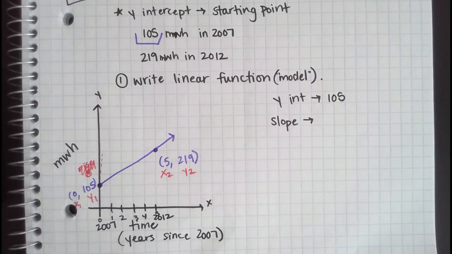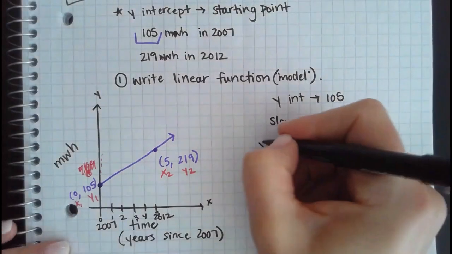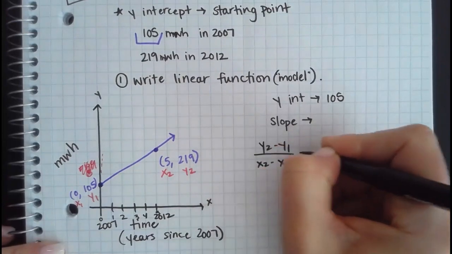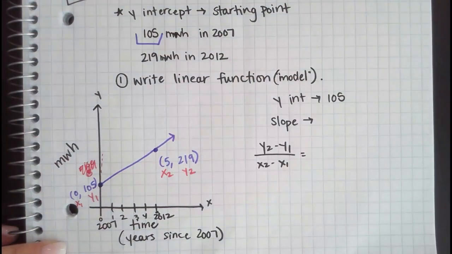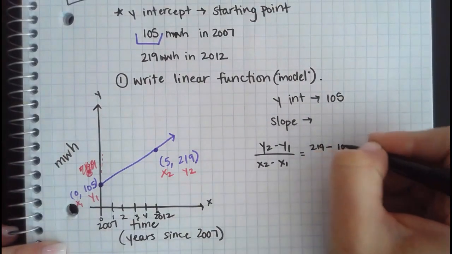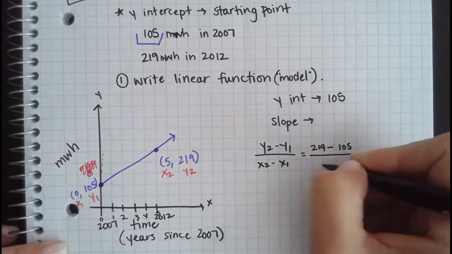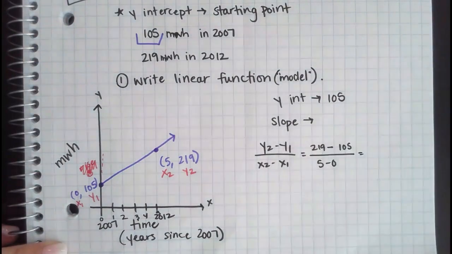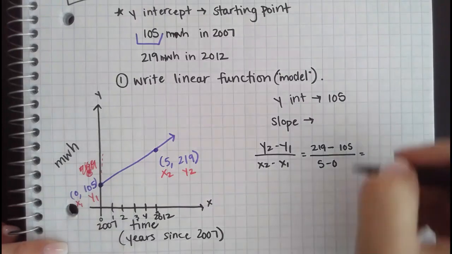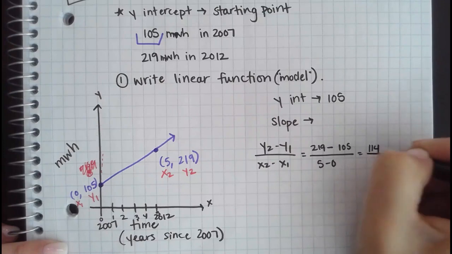So if we plug in y2 minus y1 over x2 minus x1, we get 219 minus 105 over 5 minus 0, which gives us 114 over 5.